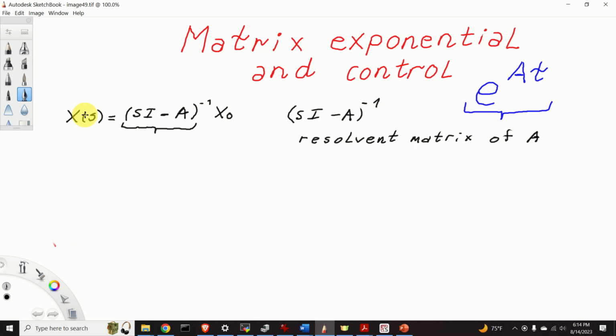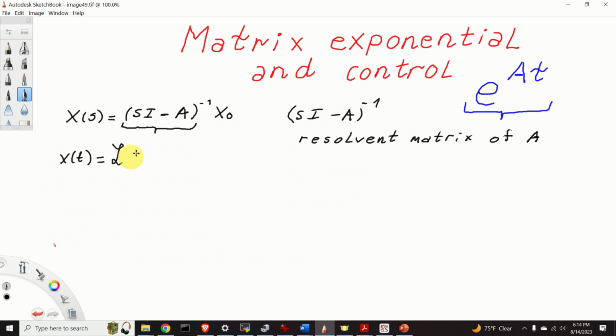Our main goal is to compute x of time from this equation. To compute x of time, that is, to compute our state trajectory, we need to apply the inverse Laplace transformation to this equation.